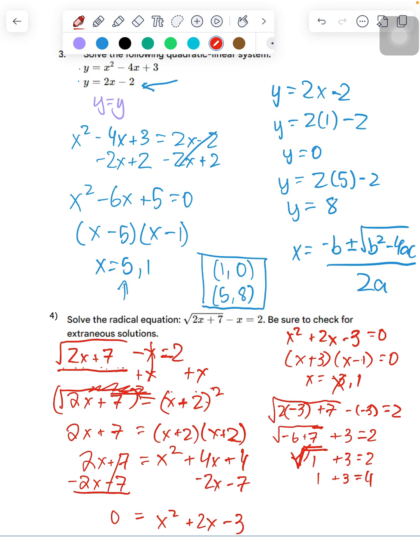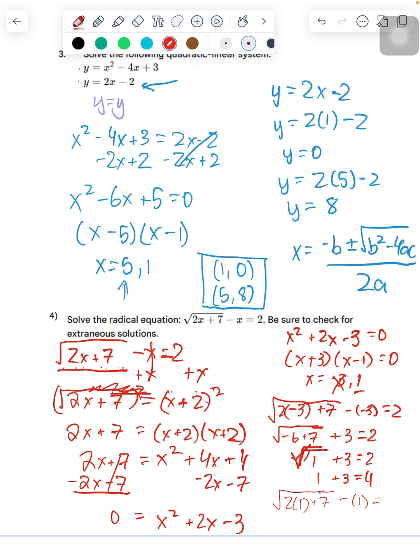Now I have to check 1. So the square root of 2 times 1 plus 7, minus 1.